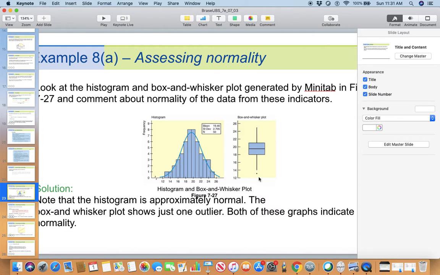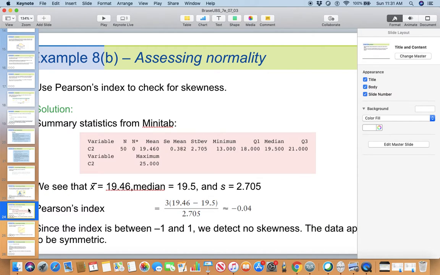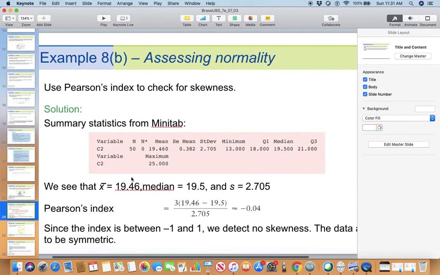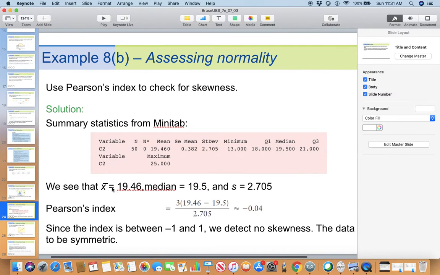Now looking at Pearson's index, you find X bar, that is the mean. You find the median, that is that, and you find the standard deviation, that is that. So they have used a computer package, Minitab, to find the mean, the median and the standard deviation. Now look for Pearson's index.